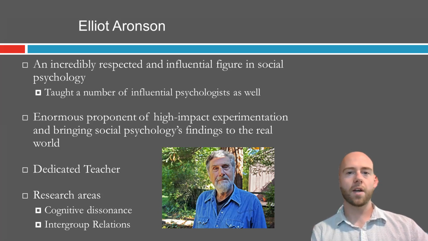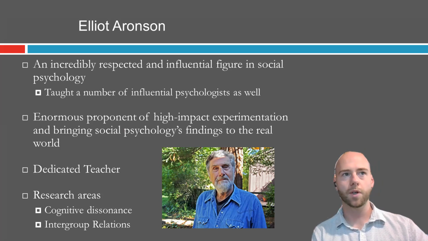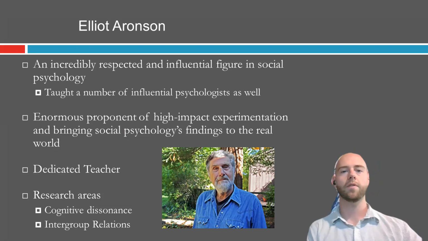Maybe his biggest mark on social psychology is that he really harped on the necessity of having high impact experiments. What I mean by that is when we talk about methods next unit, we'll talk about how a lot of social psych experiments involve talking about something you might do in the future or circling a response on a survey. And those do frequently tell us important things about human behavior.